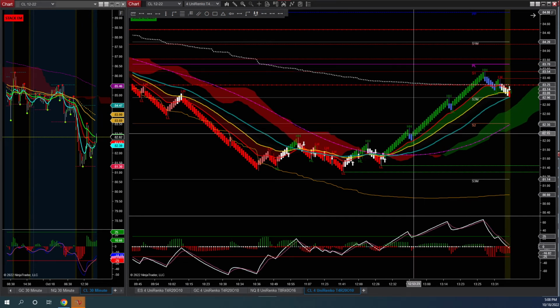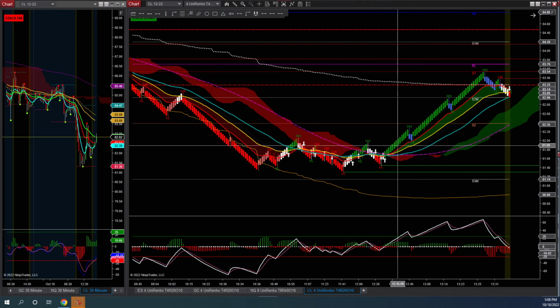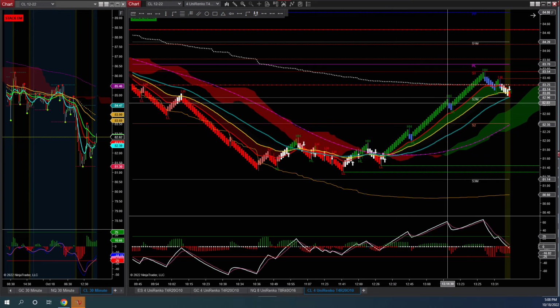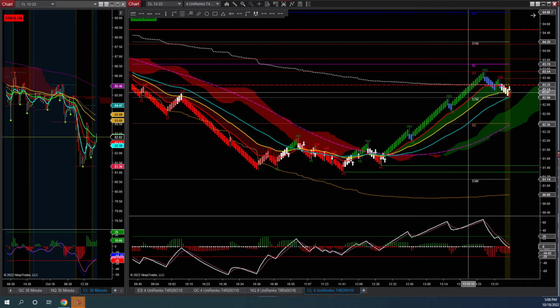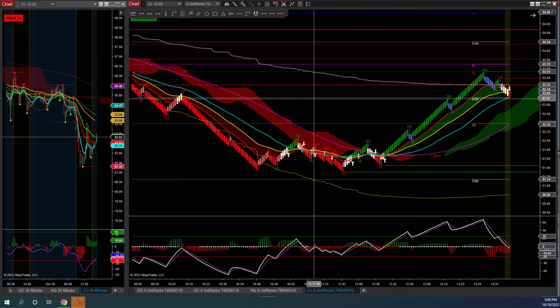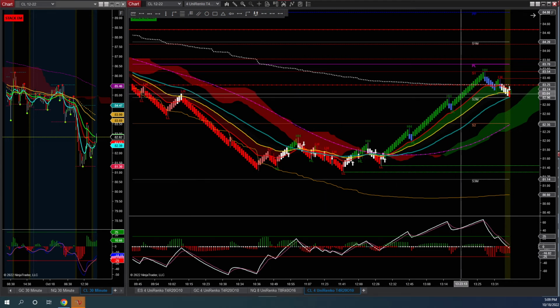So you have a good entry, this one here, and then you have to be careful on that one, because that one most likely is going to move to the VWAP and also to the opening range, so you're facing some resistance there. And then there is also a lower high here that would serve as a resistance right there.